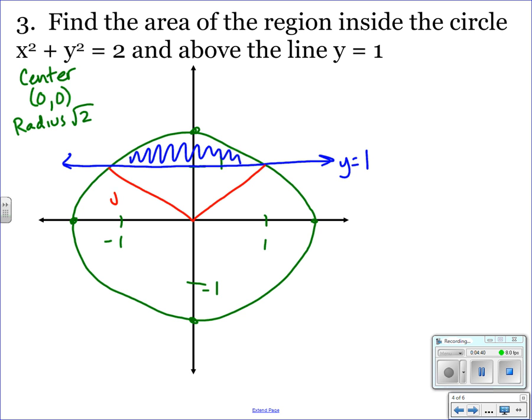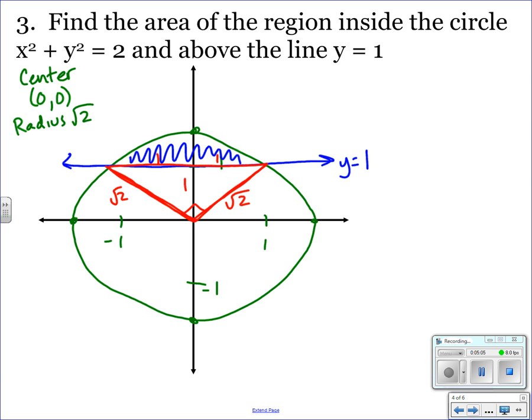So this is root 2, this is root 2, this is 1. Using the Pythagorean theorem, I can find that each one of those is 1, making this a right triangle. So this right here is a right triangle.